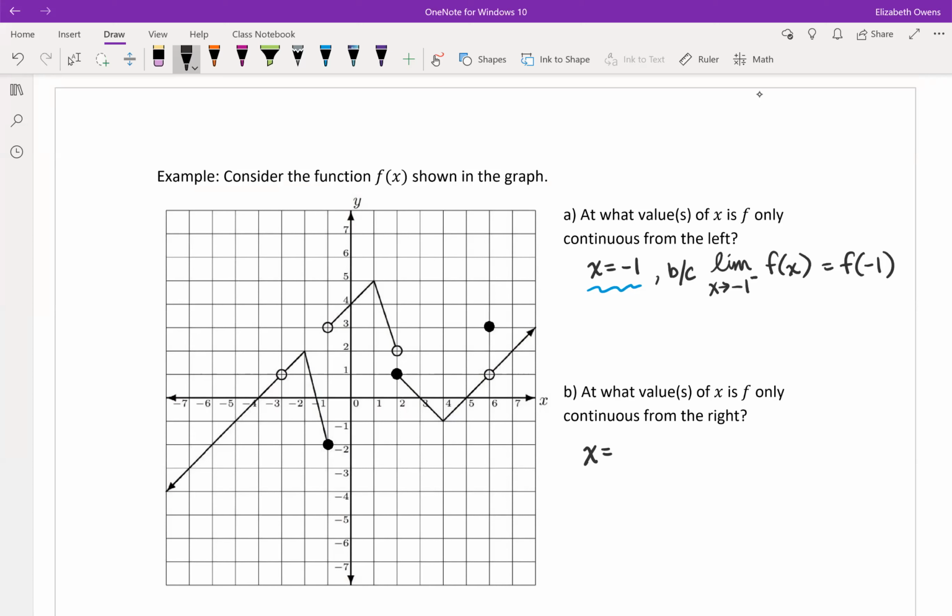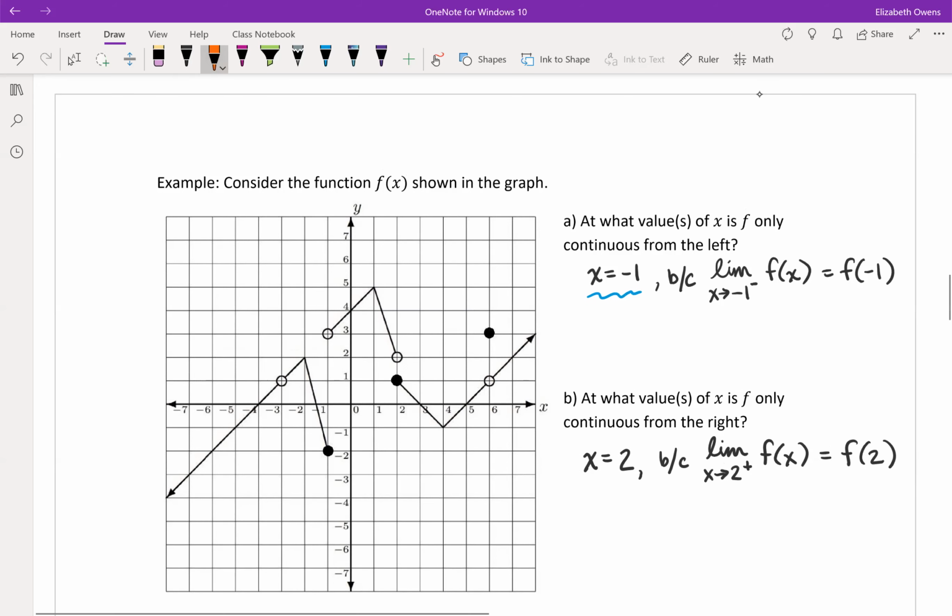x equals 2, because our limit as x approaches 2 from the right of f of x equals f of 2. Both of those values equal 1. So the limit is 1 and the function value is 1. So check, check.